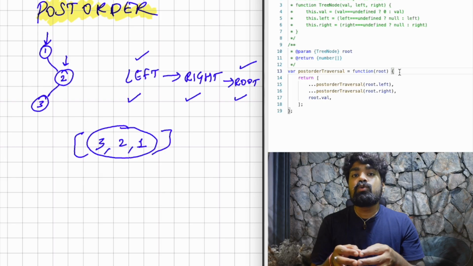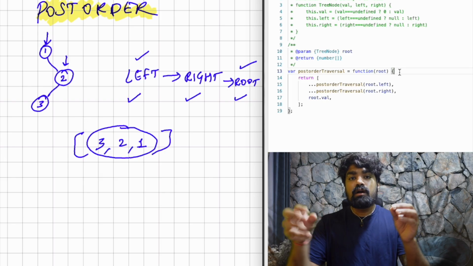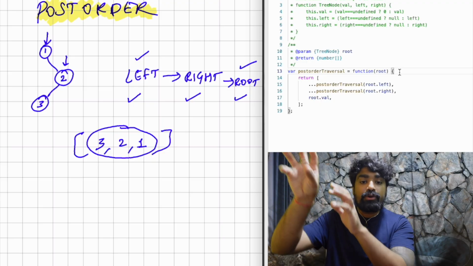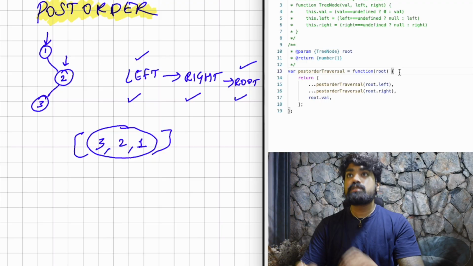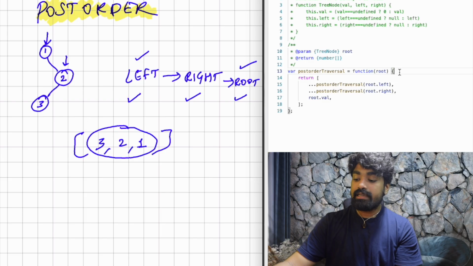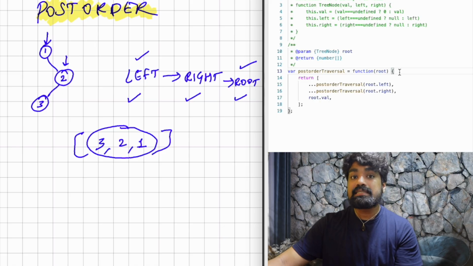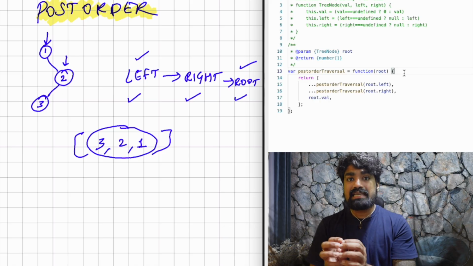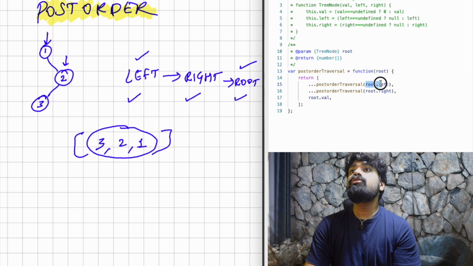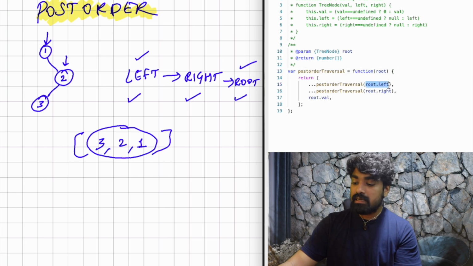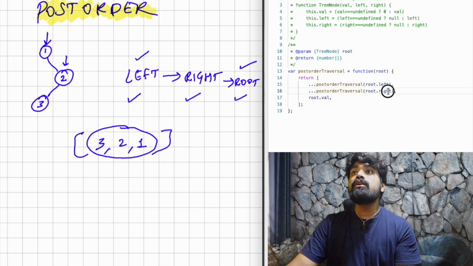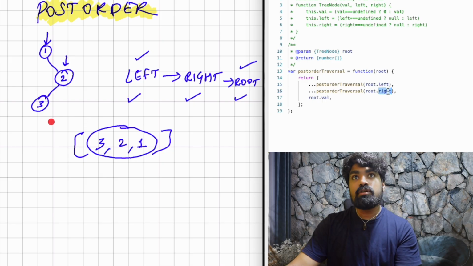When do I want to exit from a specific iteration in this case? So I'm going to keep on going through all my nodes, and let's say I reach here for 3. I want to go towards the left, but on the left side I don't have anything. I want to go towards the right, there also I don't have anything. So when you don't have anything, it means it's null. And if the node itself is null, because we are calling root.left, in this case it's going to be null, and we are also calling root.right, which is also null.